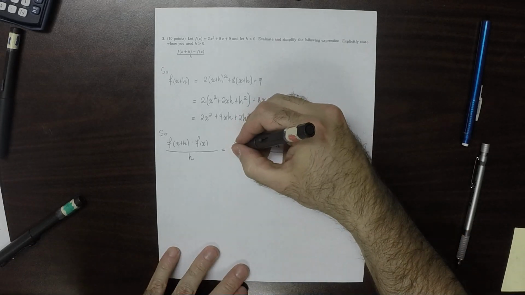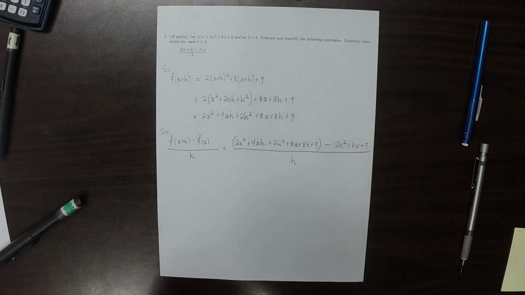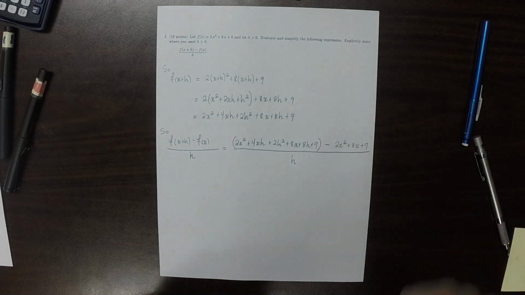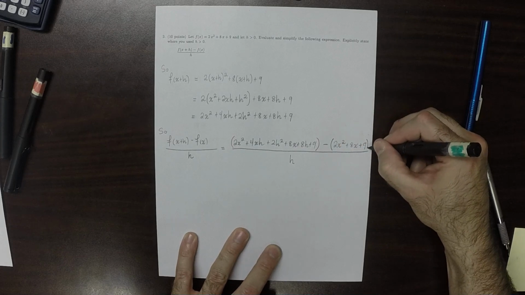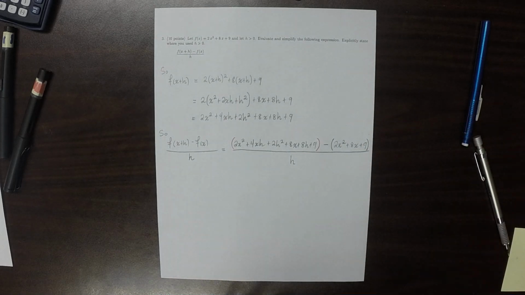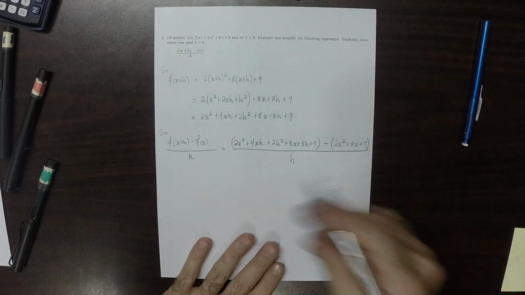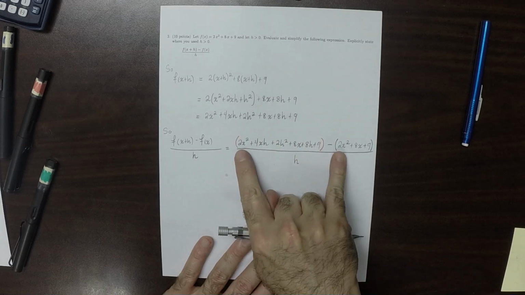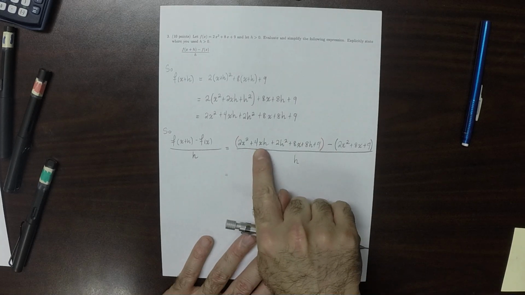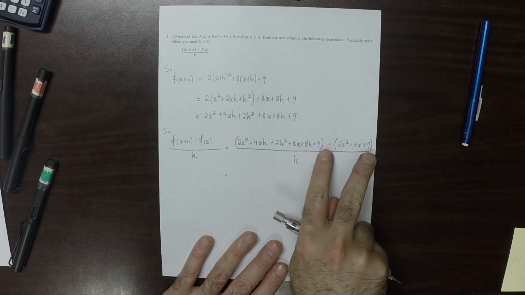So parenthesize that, parenthesize that, carry out that subtraction. The 2x squareds, nothing cancels 4xh, nothing cancels 2h squared, the 8x's cancel, the 9's cancel.